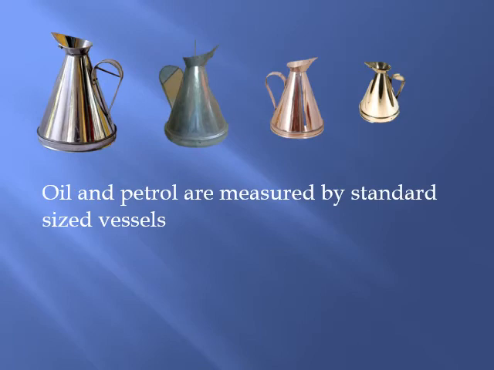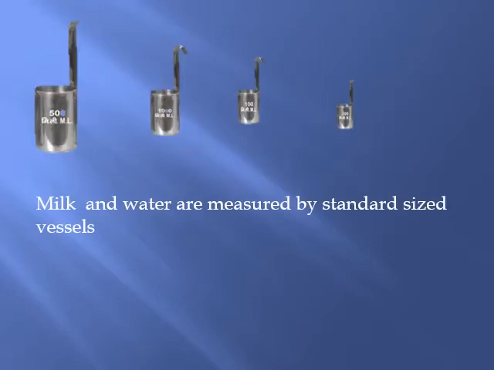We use different vessels to measure liquid. In the picture, you can see oil and petrol are measured by standard sized vessels. Milk and water are measured by standard sized vessels shown in the picture.